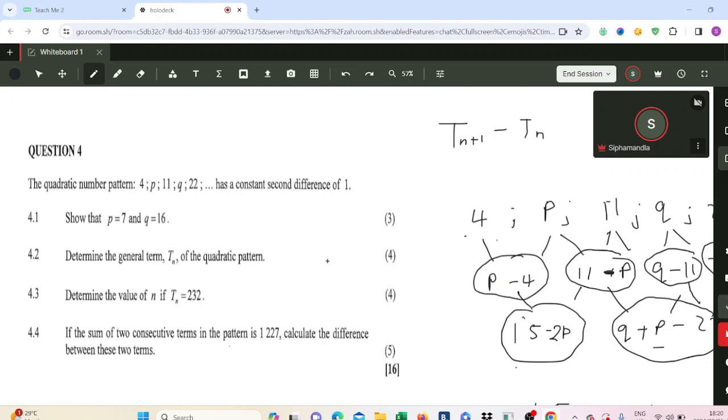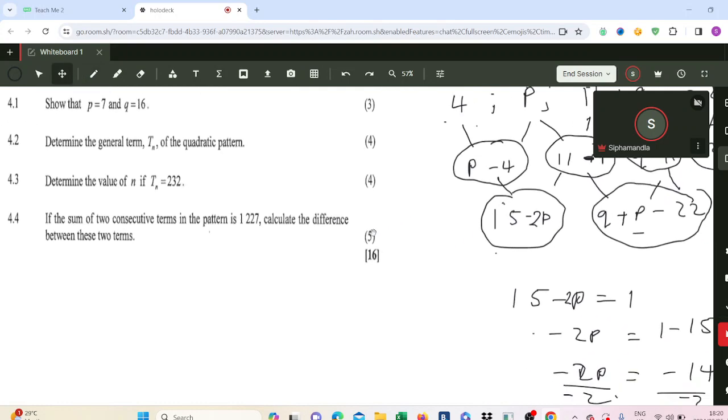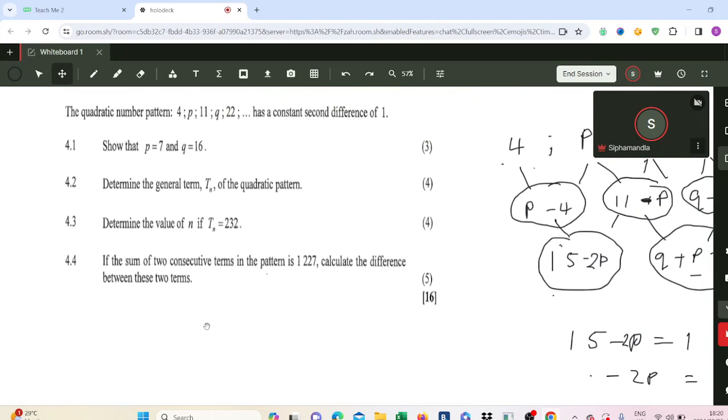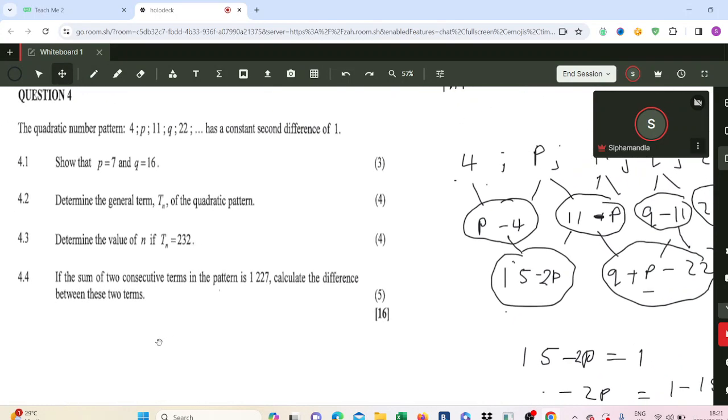Okay, now they say determine the general term Tn of the quadratic pattern. Basically, they want you to find the general equation for this, right? So it's very easy once you know the numbers, right? So that is 4.2, by the way, what I'm answering now.